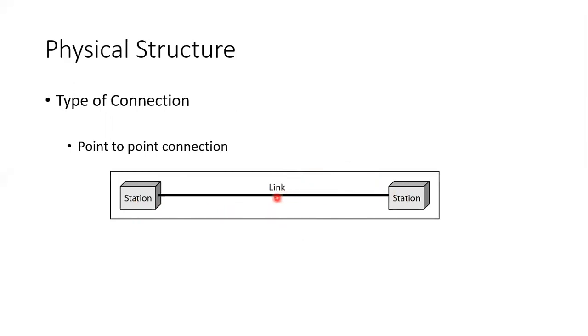The line is dedicated. Dedicated means only connection between these two stations, and no other stations are connected. For example, you take the television and then remote. A remote can be used to operate the television. So that is a point-to-point connection. Okay.